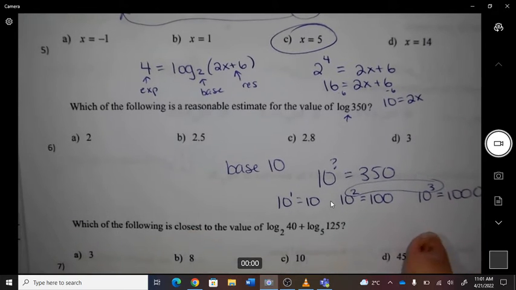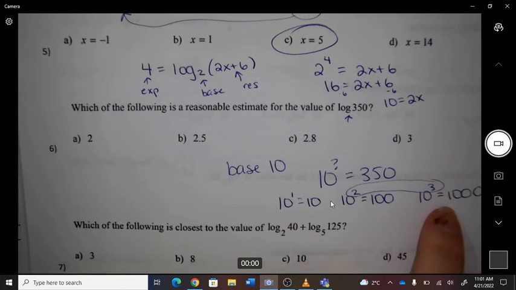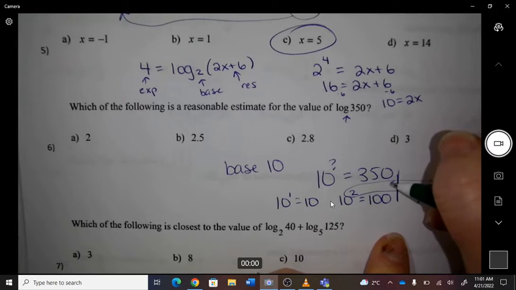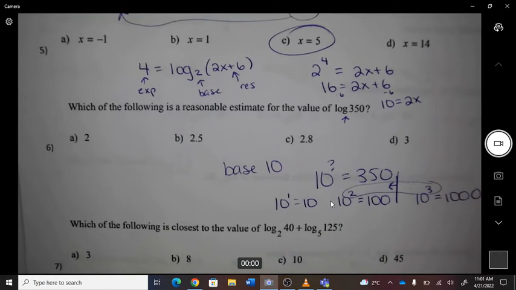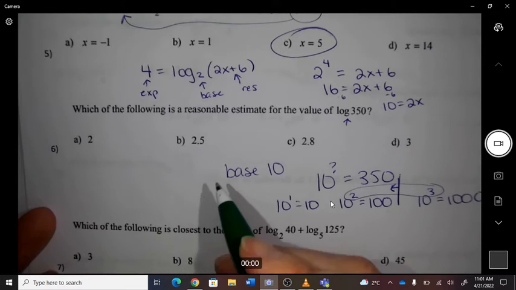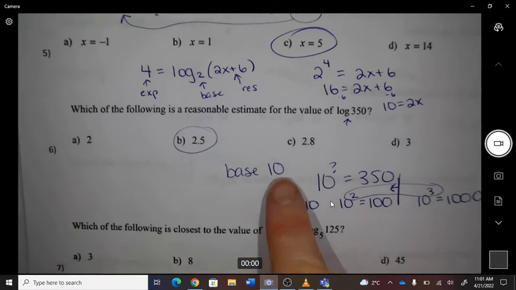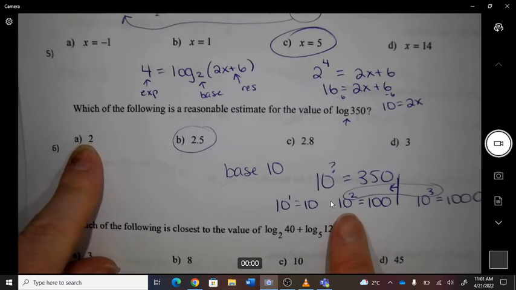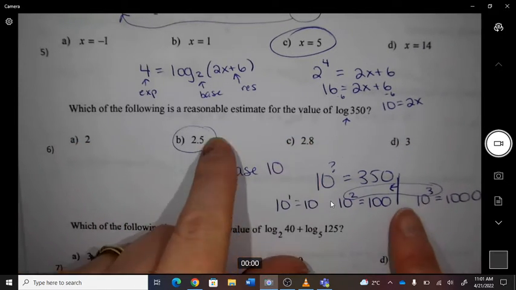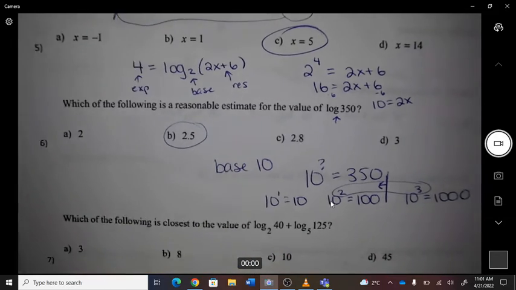So I'm between those. Your best estimate would probably be 2.5. Well, 2 is for sure not. 3 is for sure not. 2.8 seems like it's too close to that, so I'm going with a 2.5.